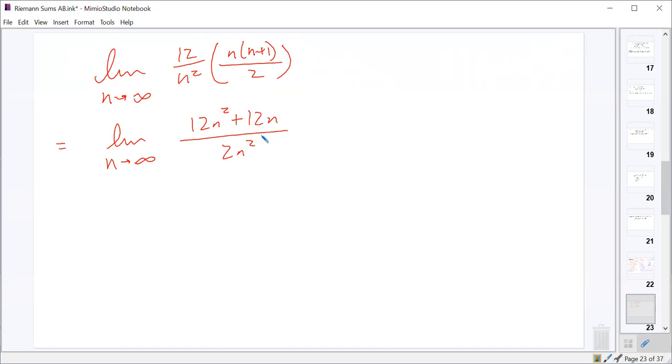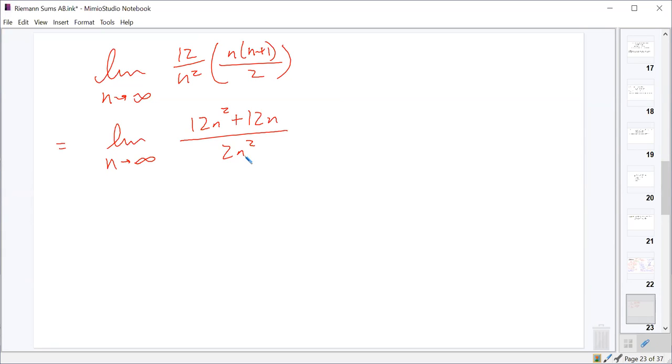Since the highest power is equal for both numerator and denominator, you can just remove the 12n, the second term, and then divide n squared over n squared and then 12 by 2, and then you get 6. Exactly.